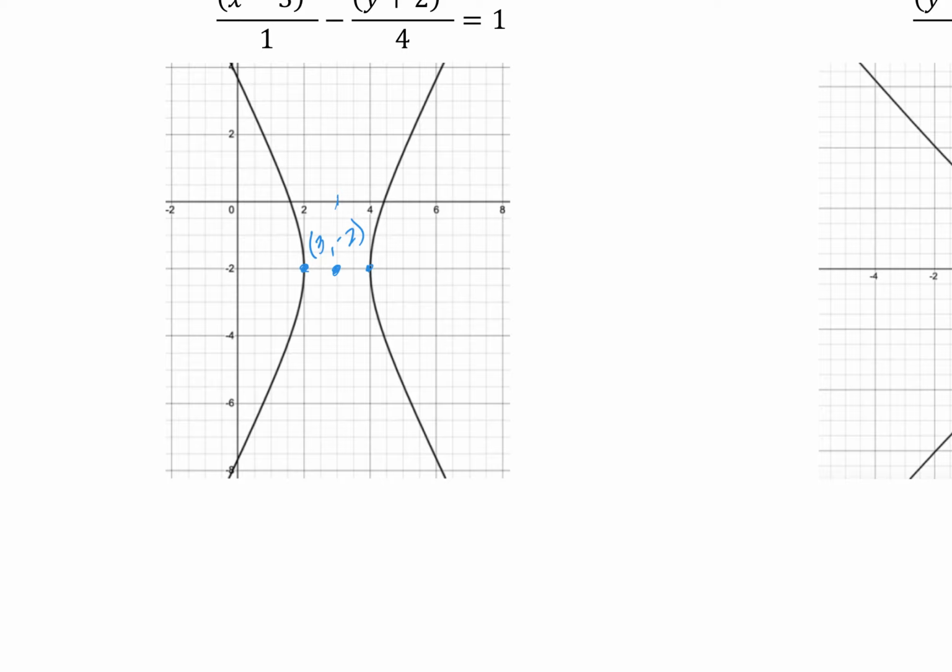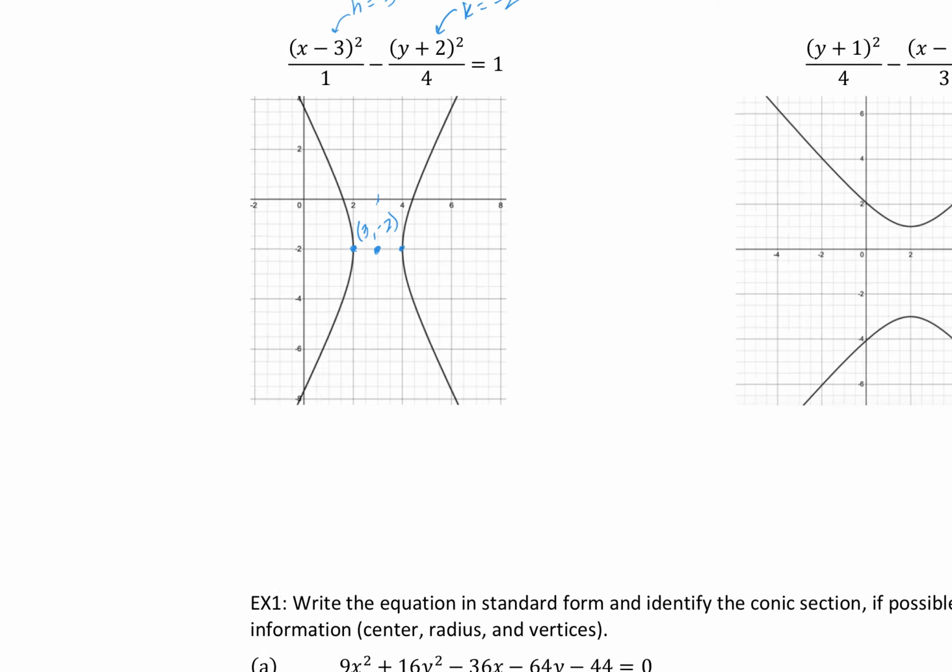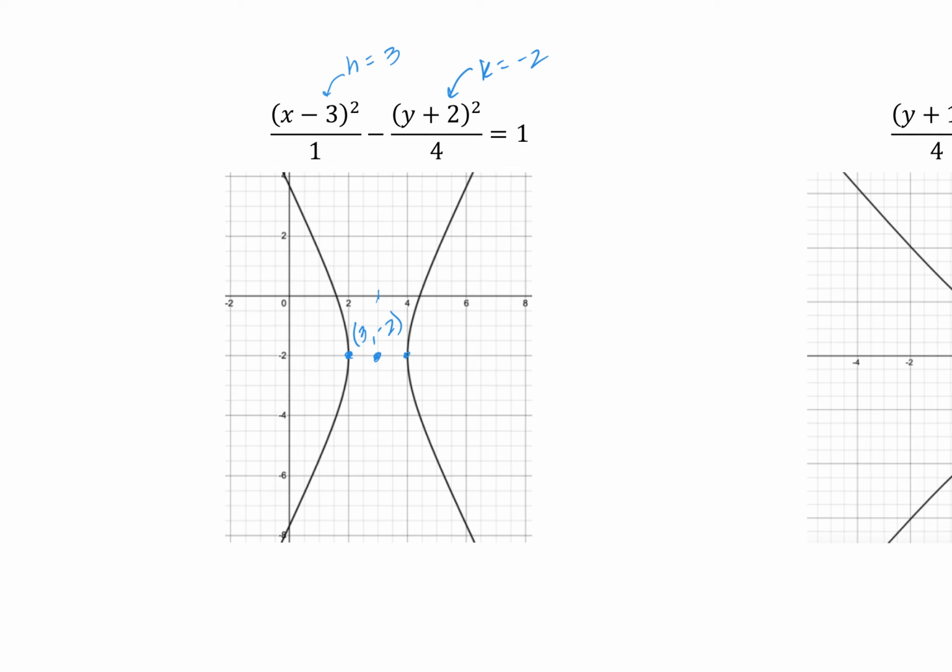I just have to find the vertices. So I have to take my a value. The a value is underneath; it doesn't have to be the largest value. It's just the one underneath the first in the subtraction. So in this case, a squared is equal to 1, which means a is equal to 1.